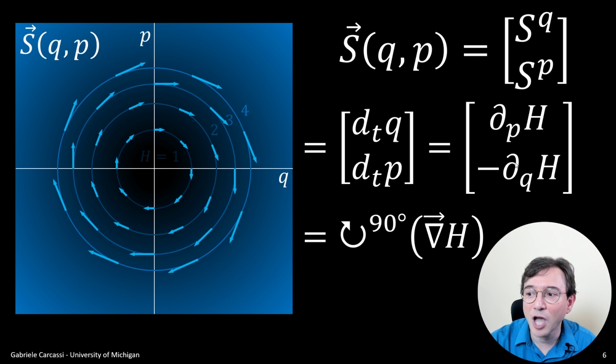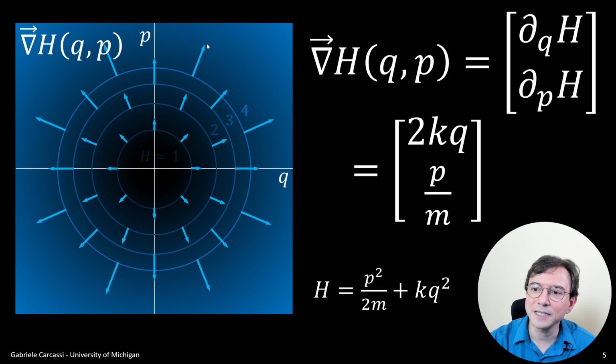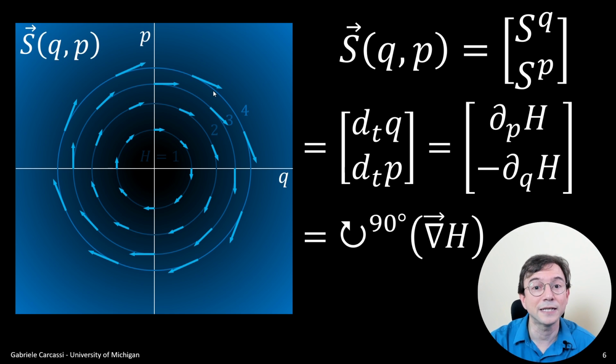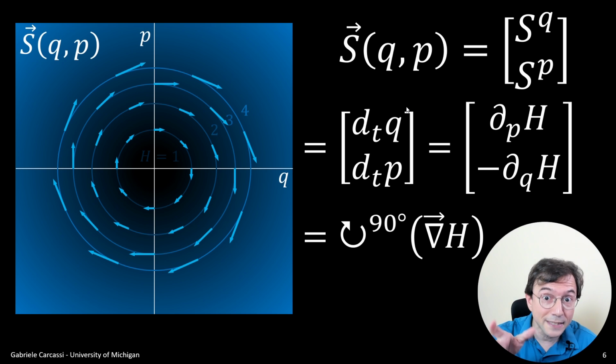And what happens geometrically is that switching the order and putting a minus sign is essentially a rotation by 90 degrees. So if we go to the previous slide, this is the gradient, and then we go to the next slide, we see that the gradient rotates 90 degrees. And now this gradient rotated 90 degrees is exactly the flow of state. So the flow of state, the displacement field, is just the gradient of the Hamiltonian rotated 90 degrees.